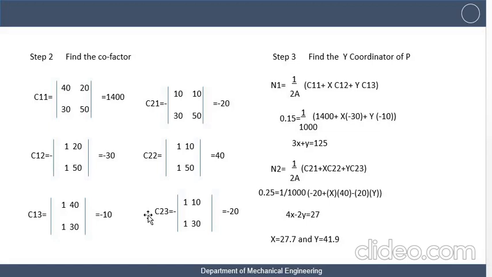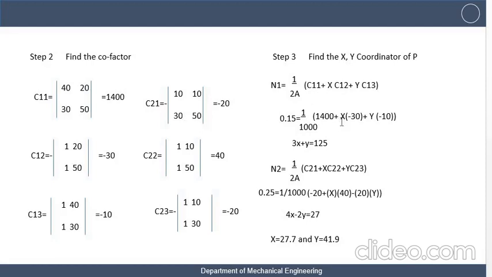After finding the cofactors, the next step is to find the x and y coordinate of point P. So n1 is equal to 1 divided by 2a, times c11 plus x c21 plus y c13. n1 is given in the problem, area is 500 so 2a is equal to 1000, and c11, c12, c13 are already calculated.